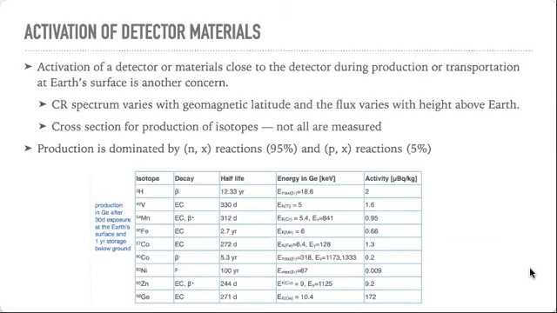This is just a table, and I think it's in my lecture notes, so you don't have to write it all down. It tells you what the isotope is, what it decays to that is problematic, the half-life, so whether or not you can wait it away after your material gets activated, and then the energy of the background particle that's coming out of this process, and then the activity.